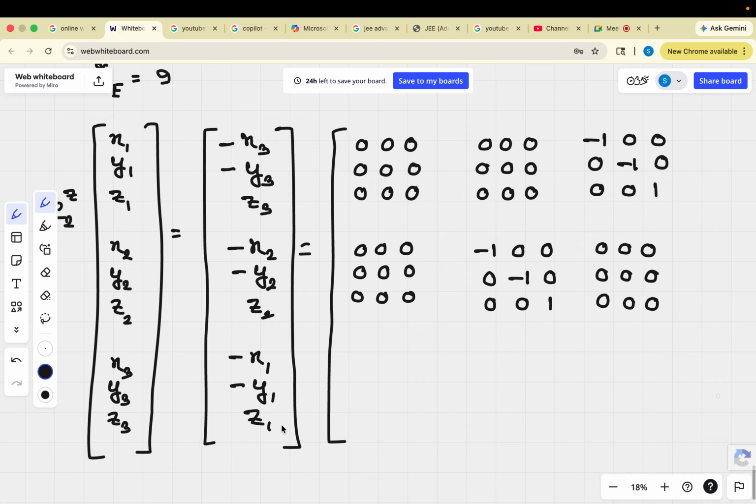For x1 y1 z1, for x1 you will get minus 1 0 0, y1 you will get 0 minus 1 0, and z1 you will get 0 0 1. For x2 you will get this, okay, and for x3 you will get this.